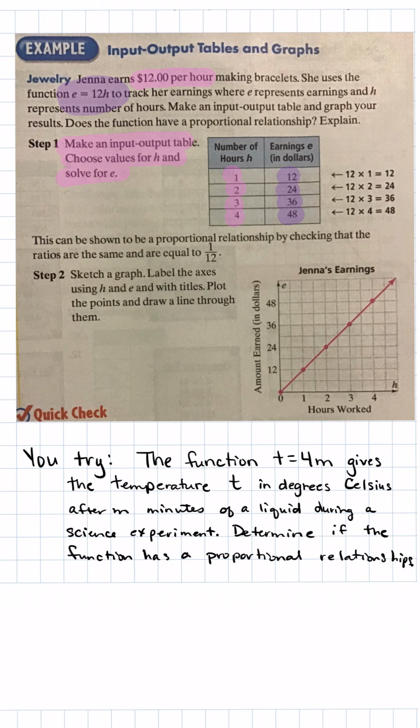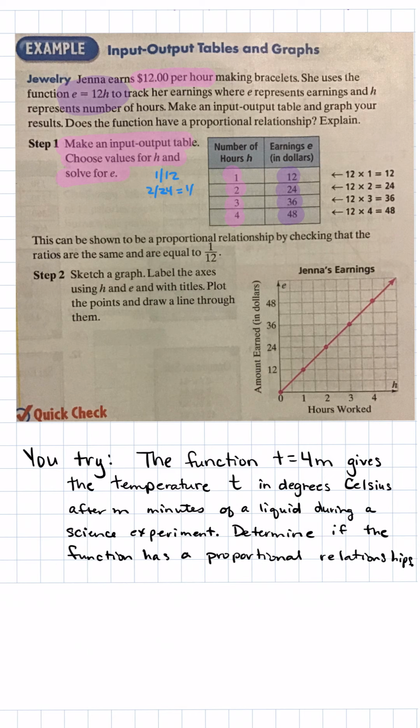If you were to look at the relationship of this, you could have 1 to 12, 2 to 24, we divide each of those by 2. You get 1/12.